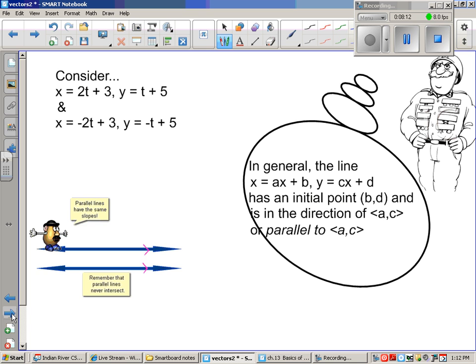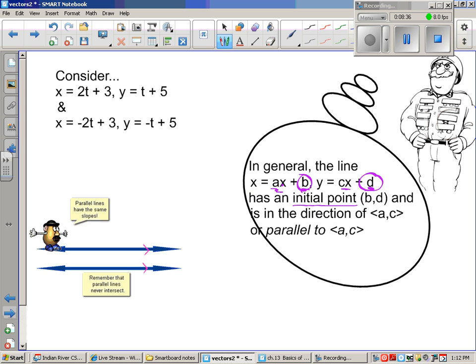In general, we're going to look now at parametric equations, which are always set up in this form: ax plus b, and then cx, using just different letters. So that has an initial point. That means when time is 0, its initial point would be b, d.